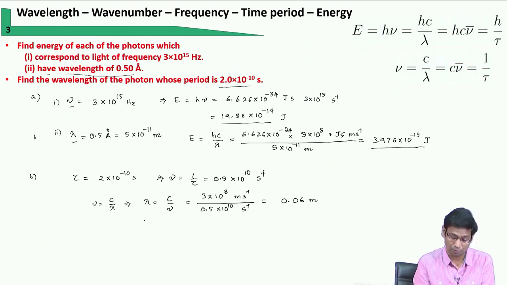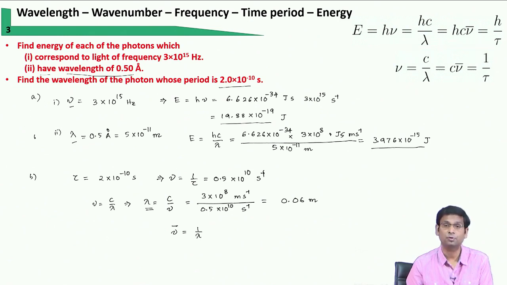Of course, if you want, you have lambda here, you can also convert it to nu bar, because this is simply 1 over lambda, and then you will get the number in units of meter inverse, which is the wave number. So, the point that you should remember here is that there are various ways to express a wave, either through its wavelength or time period or a wave number, but they are all interconvertible and they correspond to one energy, which is given if we multiply them with the Planck's constant h.